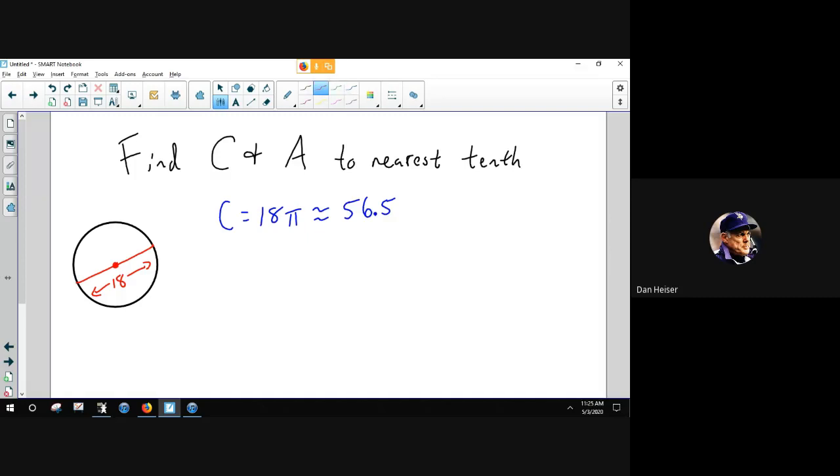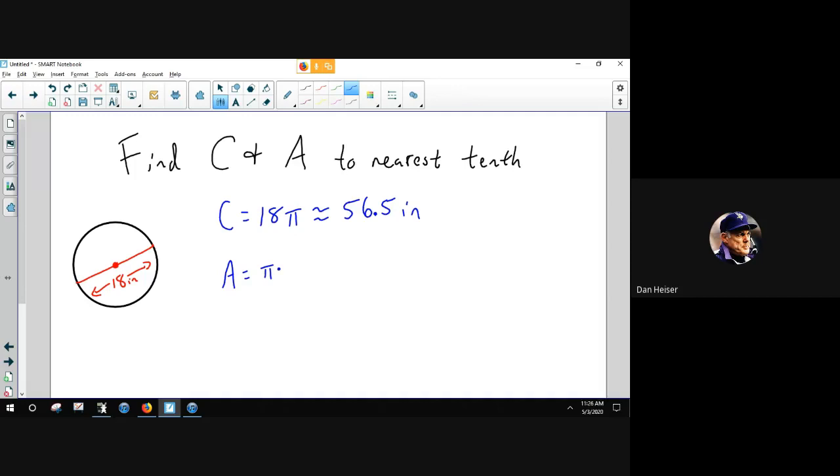And let's put a unit on here. Let's make this inches. So this would be 56.5 inches. Circumference is not an area measure. It is a distance measure, so it does not get a square unit. Find the area.